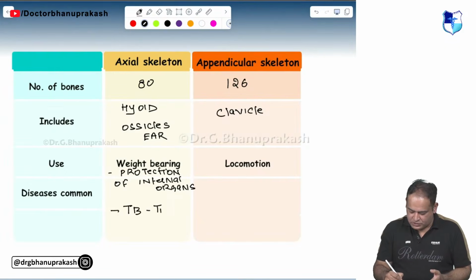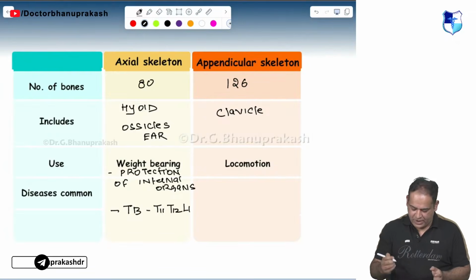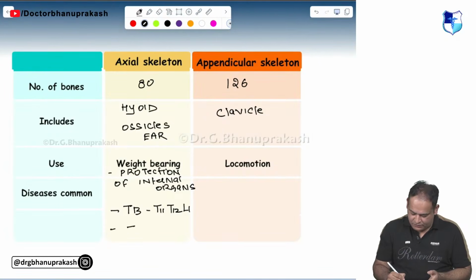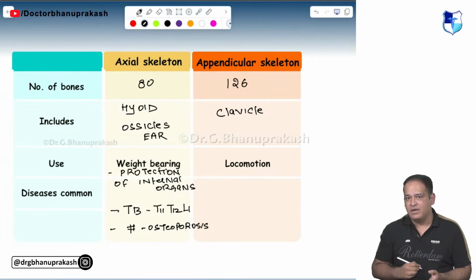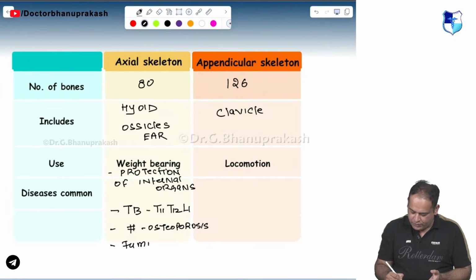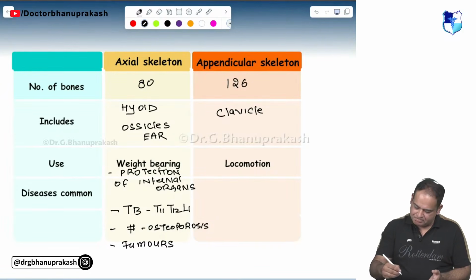Remember, tuberculosis at T11, T12 and L1 vertebra, center of the body. Fractures in osteoporosis. Tumors, bone tumors, they are common in the axial skeleton, right?